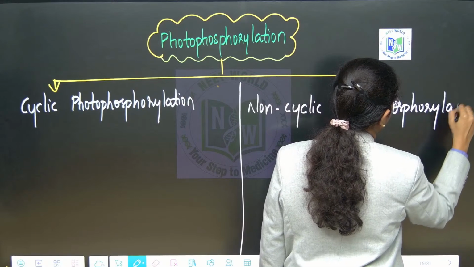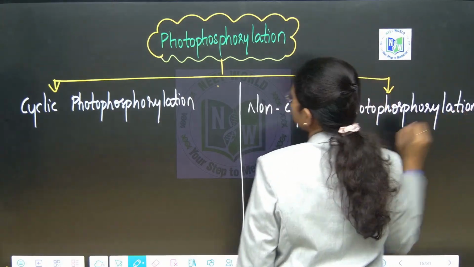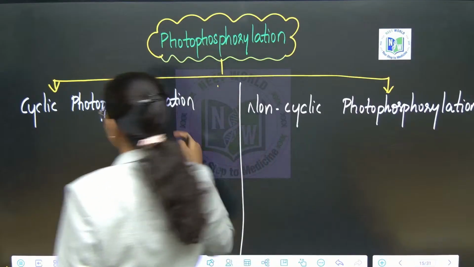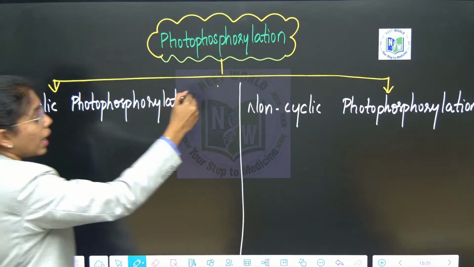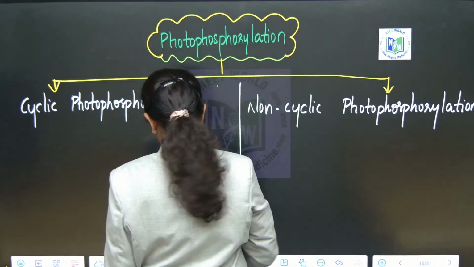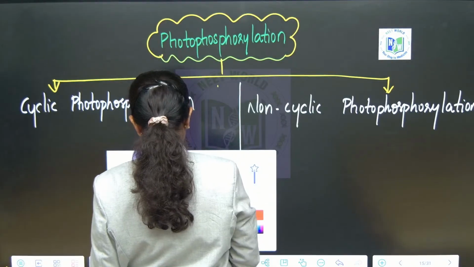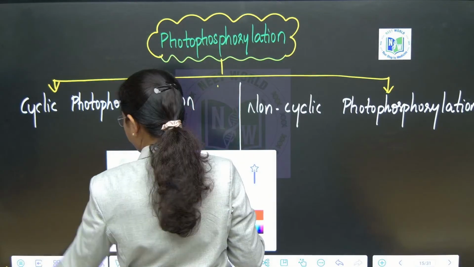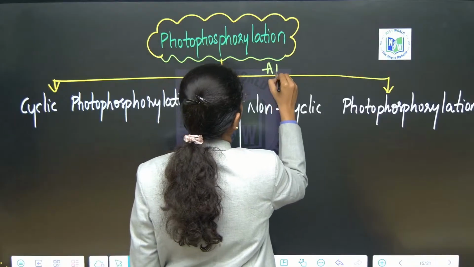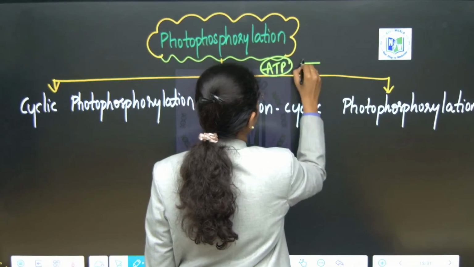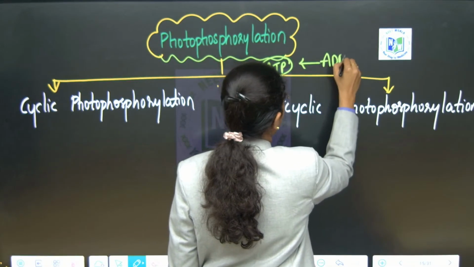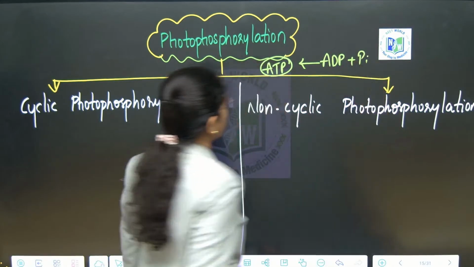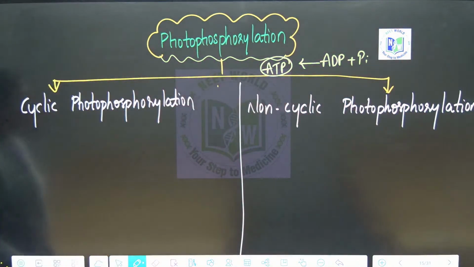So what is photophosphorylation? In the presence of light, that is photons, ATP is formed. ATP formation occurs from ADP and inorganic phosphate. Fine, right? So this is what happens.